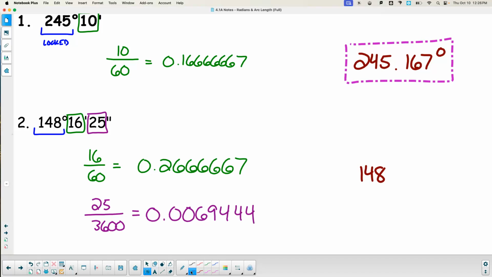So is the first number always locked? So the degree part is always locked. Yep, degree is locked in all of the cases. Is there always going to be a degree? It would be 0 if it wasn't.